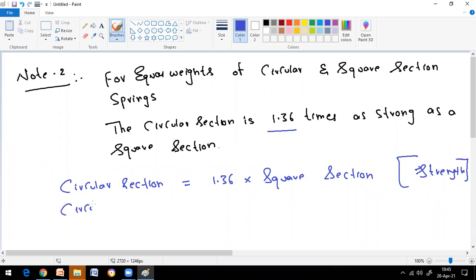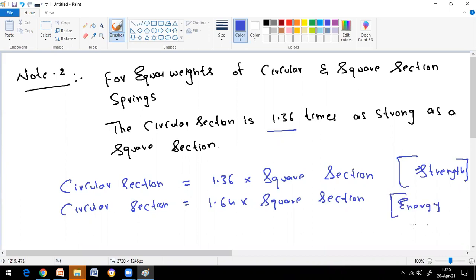Circular section is equal to 1.64 times of square section in terms of what? In terms of energy absorbed, or we can also call it resilience.